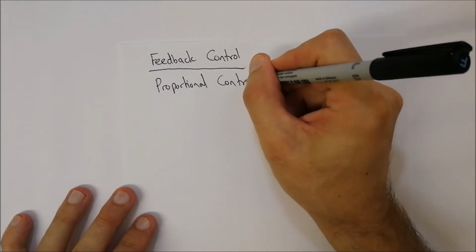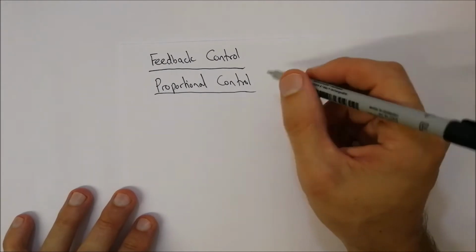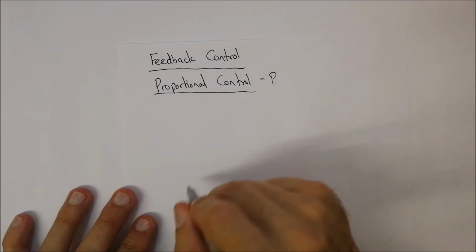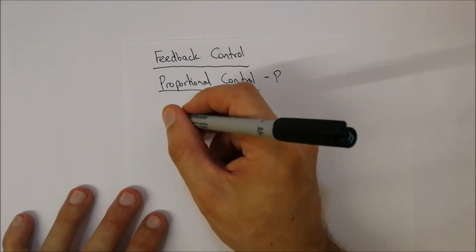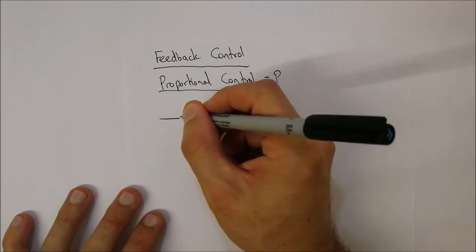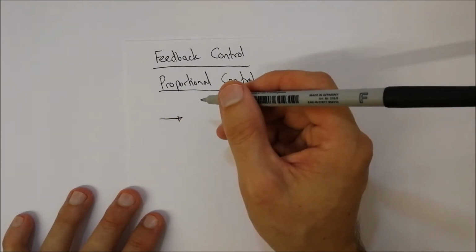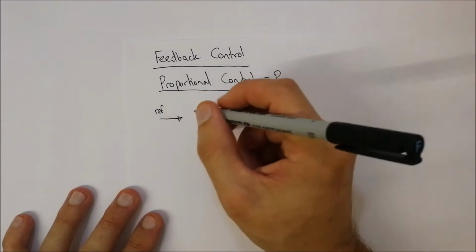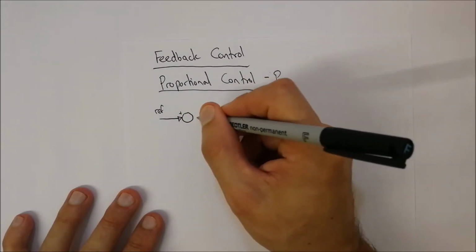So proportional control. You might also come across what's known as just the normal P controller, and that's just referring to proportional. Okay, the proportional controller has a diagram as the following to represent it. So you've got some reference, you've got an adder over here, so it will add over there.